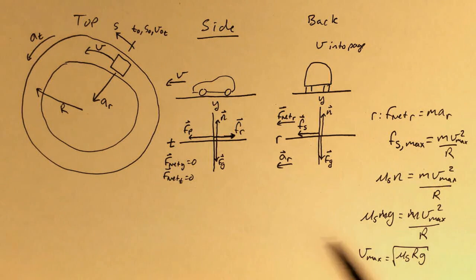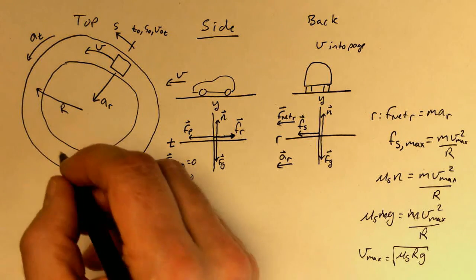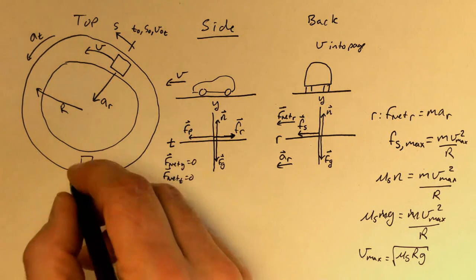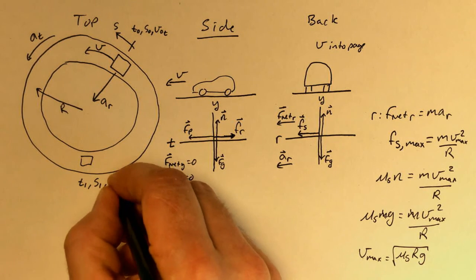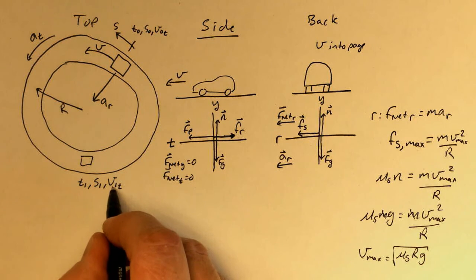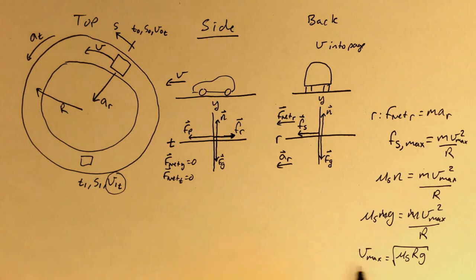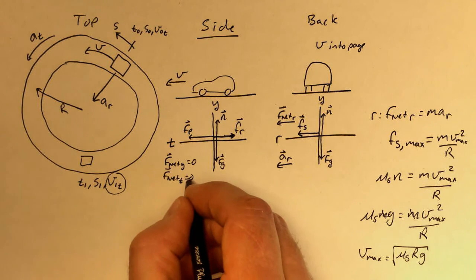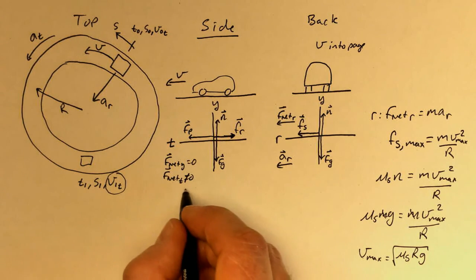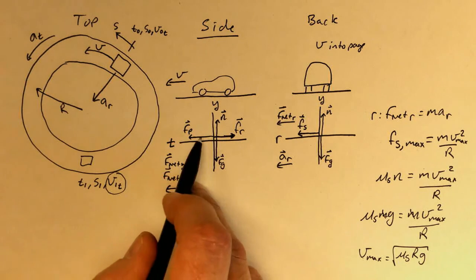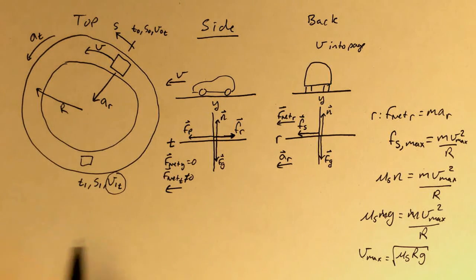And so we can take this to a dynamics and kinematics combined problem and say, okay, the car is going to get somewhere, let's say right here, at some later time t1, some later position s1, and some later velocity, and that velocity right there would be equal to this Vmax. And so we can treat this as a kinematics problem. So instead of this being equal to 0, it's not equal to 0. And in fact it's speeding up, so we say that's this way, because that's in the tangential, forward direction.